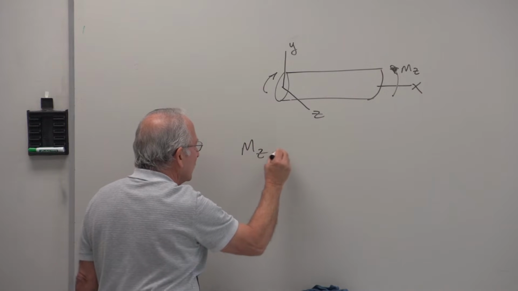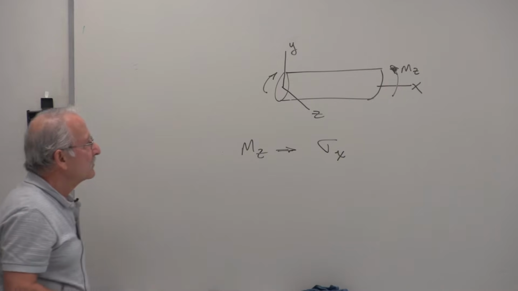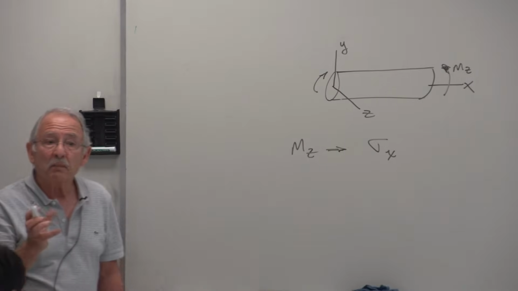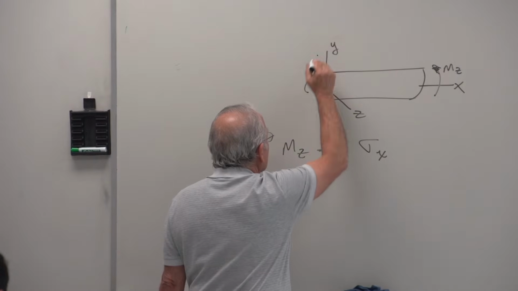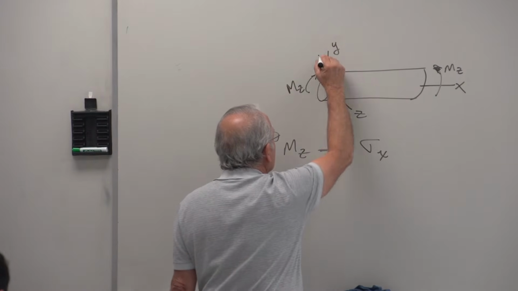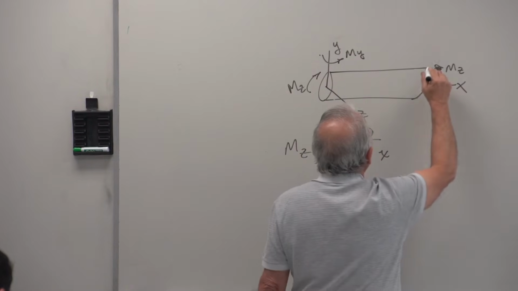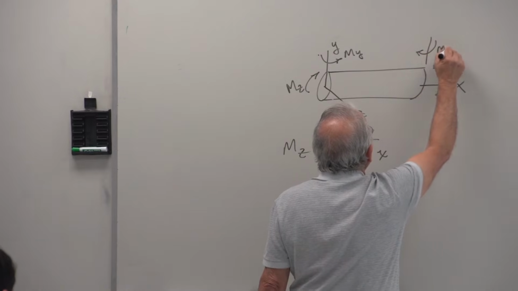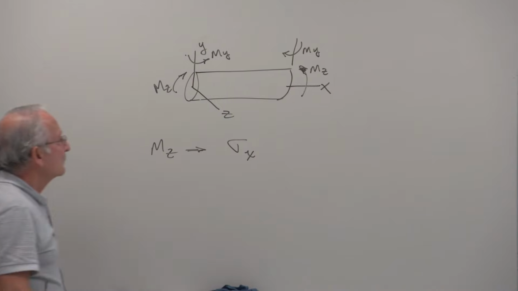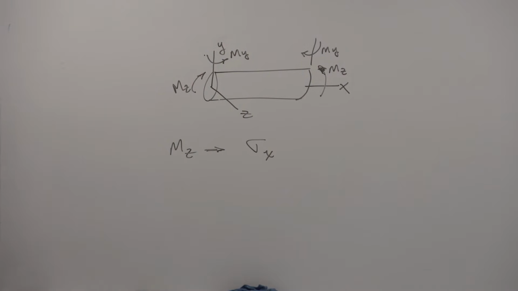Mz, therefore, creates sigma x. If you apply a bending moment about the y-axis, does everybody understand how those moments bend?